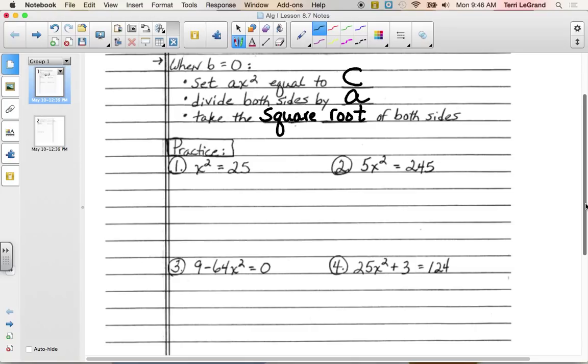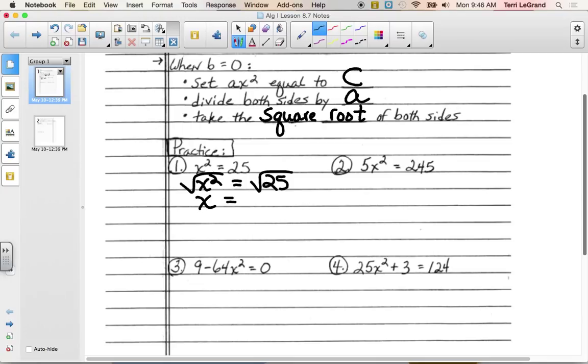So we're going to go straight to the third step, which says take the square root of both sides, because we can take the square root of x squared and we can take the square root of 25. What is the square root of x squared? That's x. And what's the square root of 25? 5.